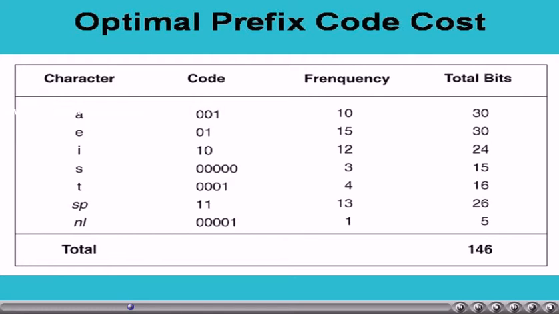A's are 10, so 10 into 3 plus 15 into 2 plus 12 into 2 plus 3 into 5 plus 4 into 4 plus 13 into 2 plus 1 into 5, totaling 146 bits to code these 58 symbols of our problem. In the next slide, we will find out how many bits are required if we employ uniform length coding.